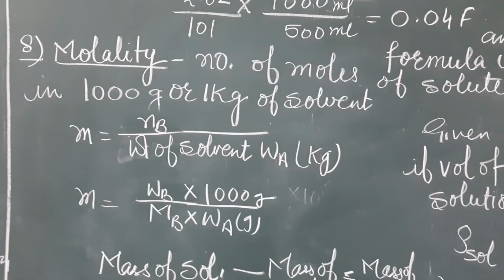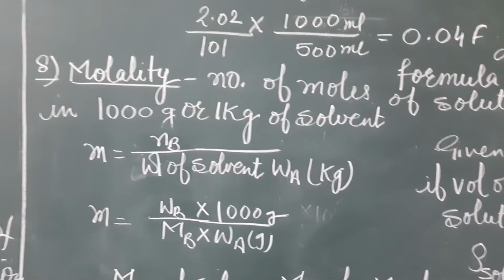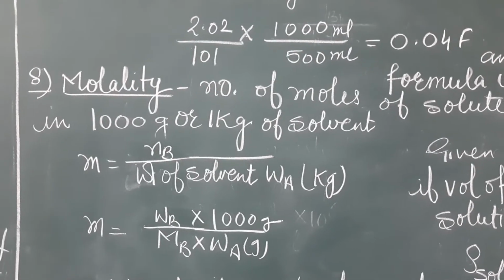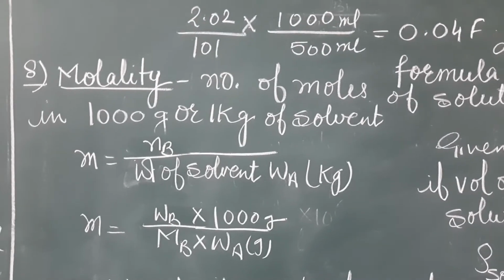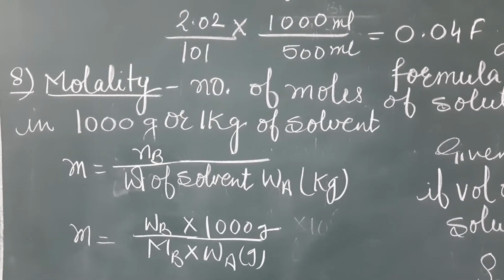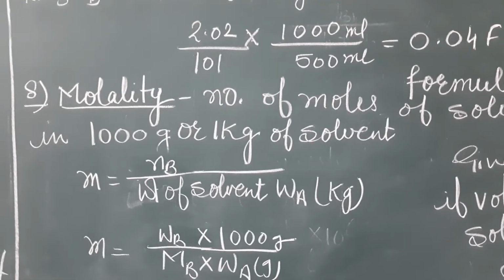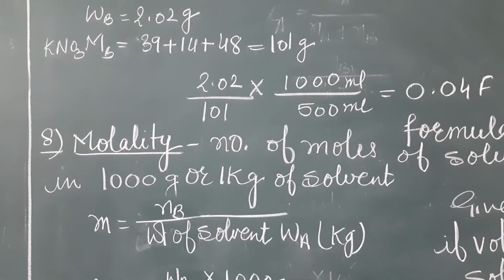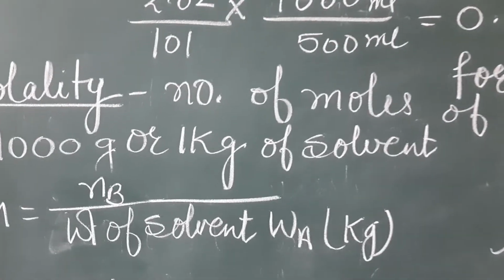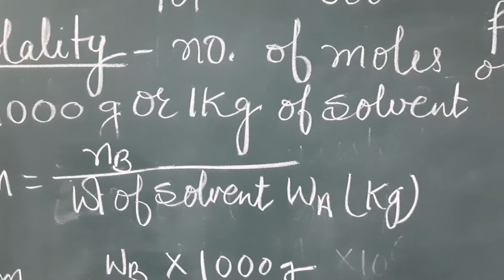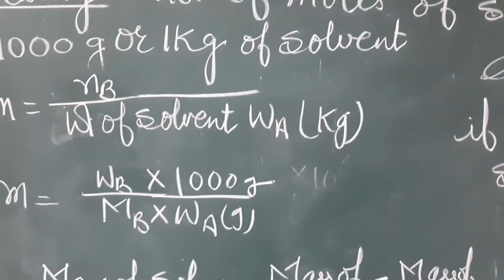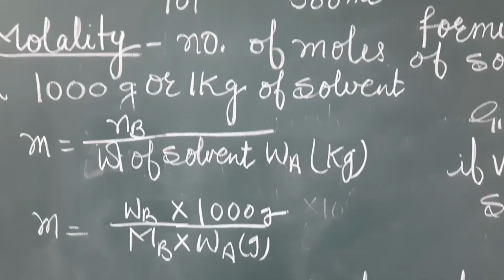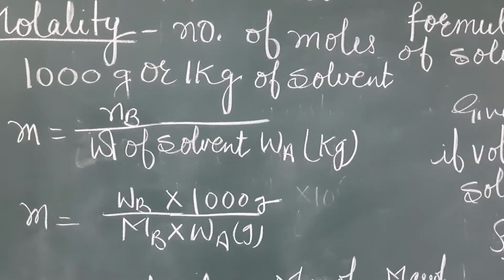So molality is equal to NB, the number of moles of solute, which can be calculated using the formula Wb, weight of solute, divided by molecular mass. So molality is equal to the number of moles of solute divided by the weight of solvent, Wa, in kilograms. If it is given in grams, then you divide by 1000 and you get molality.